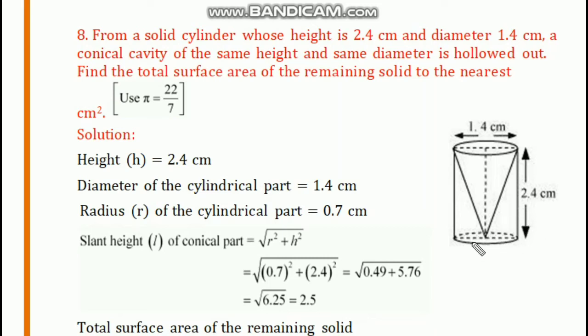The base area is a circle, because in this question they asked to find out the total surface area. So: curved surface area of cylinder plus curved surface area of this cone and the base area of cylinder.